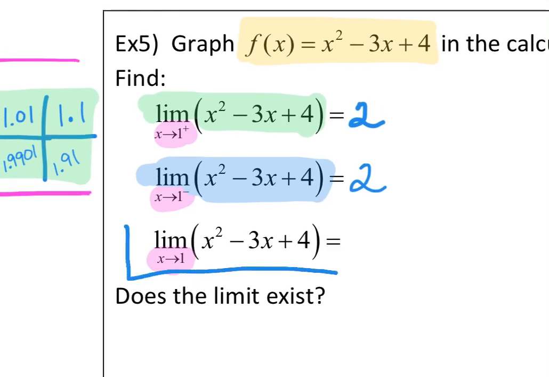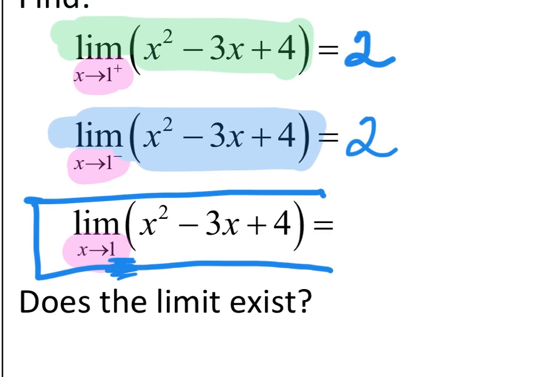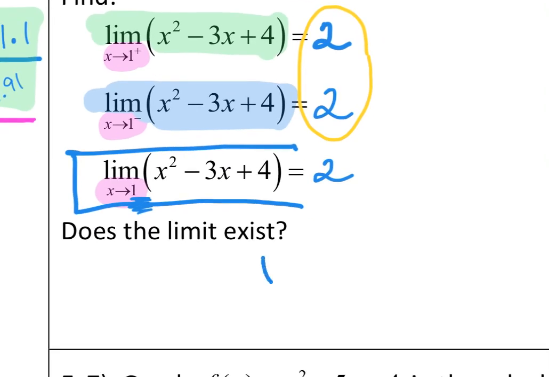To answer the limit as x approaches a number when you don't have that little plus or minus sign indicating from the right or from the left, we're just going to say the limit as x approaches 1. The only way for that limit to exist is if the limit from the right and the limit from the left are the same answer. So the limit equals 2, and yes, the limit exists.